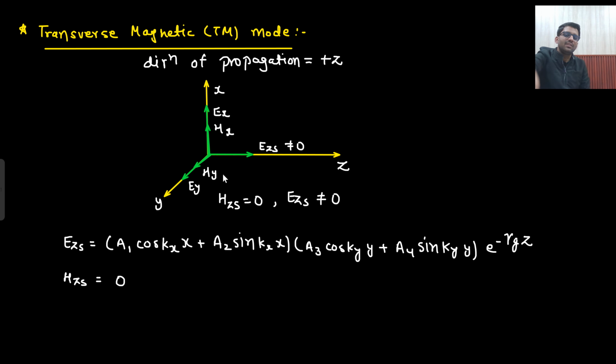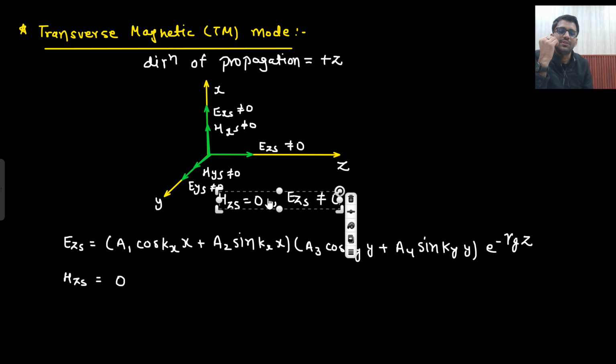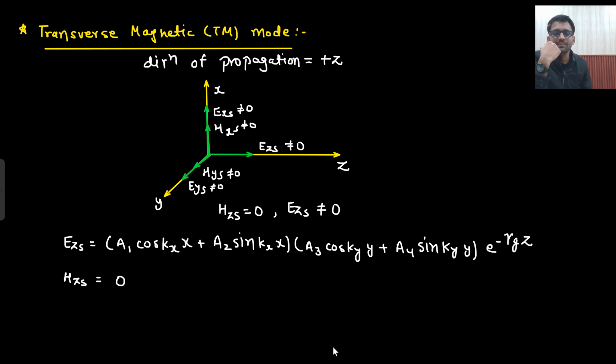So these exist, but HZS is not existing. Okay, all these are non-zero. But certainly my HZS is equal to 0. So this is the meaning.